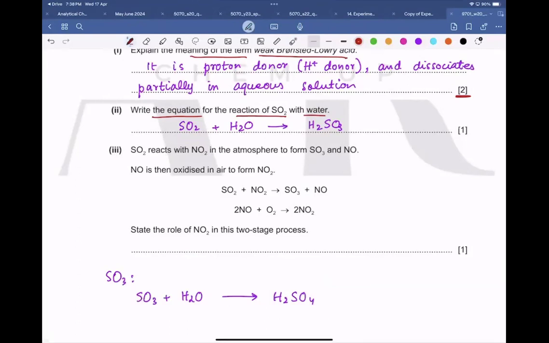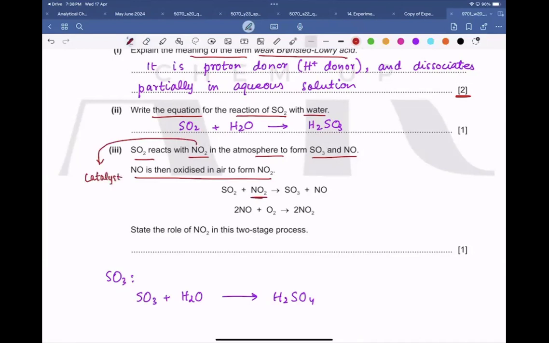Okay. Sulfur dioxide reacts with nitrogen dioxide in the atmosphere to form sulfur trioxide and nitrogen monoxide. NO is then oxidized to form NO2. So if you have studied atmosphere and environmental chemistry, this NO2 behaves as a catalyst. And why?